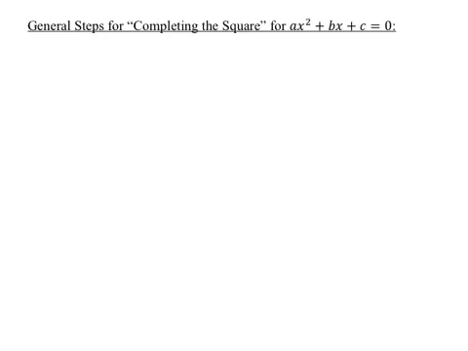So let's write some general steps now for completing the square for something in the form ax squared plus bx plus c equals 0. So I'm going to write the steps or discuss the steps here as we actually go through the example itself. So let's say the example started as the following. 2x squared minus 16x plus 30 equals 0.